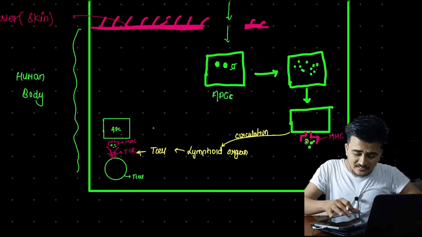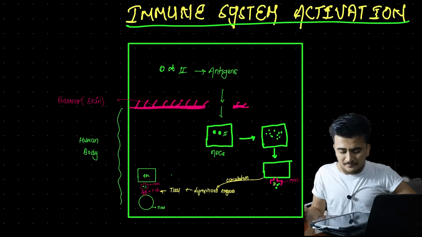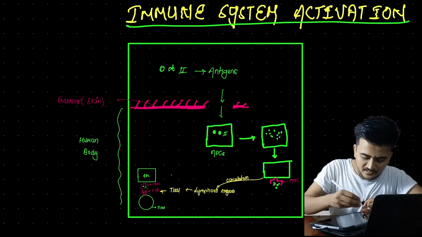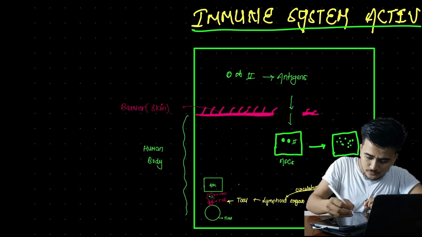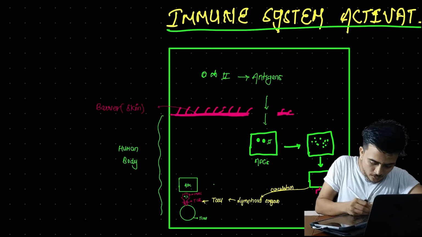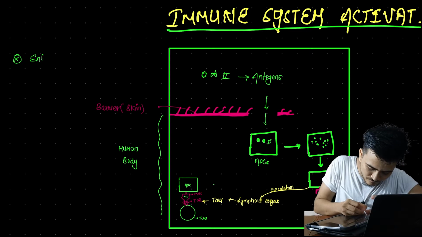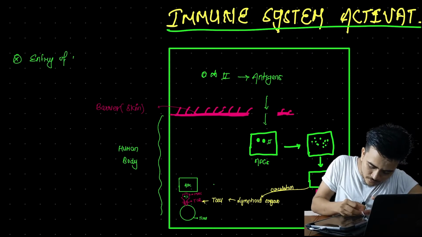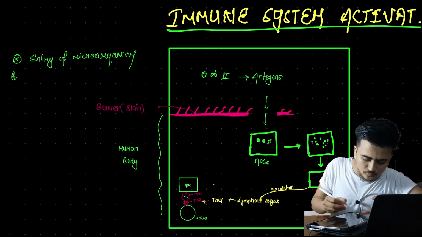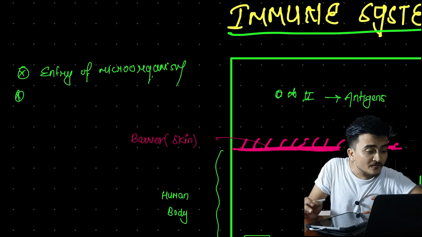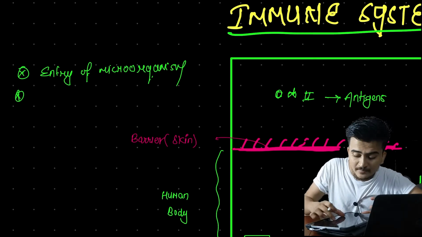Okay, whatever we said here, we have drawn this simple diagram, and in this simple diagram I would like to recall all the points. Initially, what happened? Initially, entry of microorganism, and in point 2, phagocytosis of pathogen by APC.